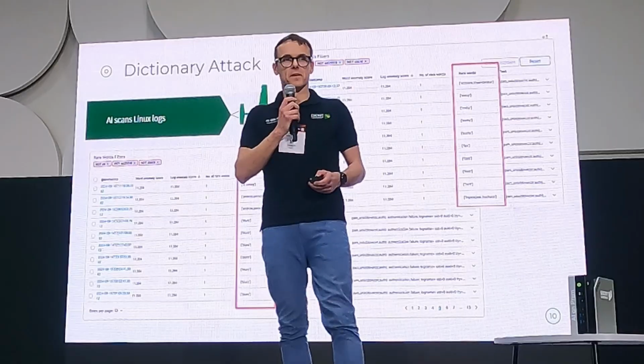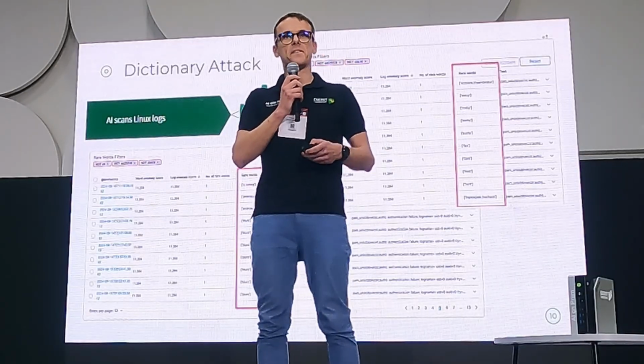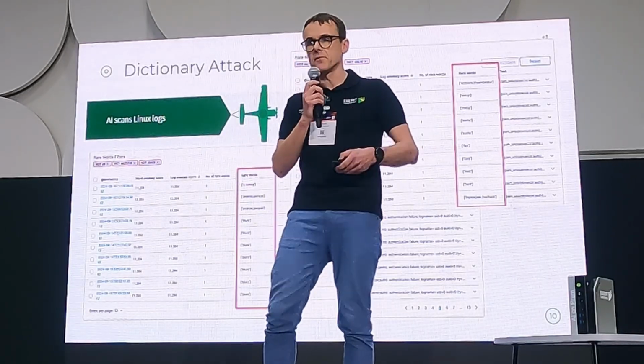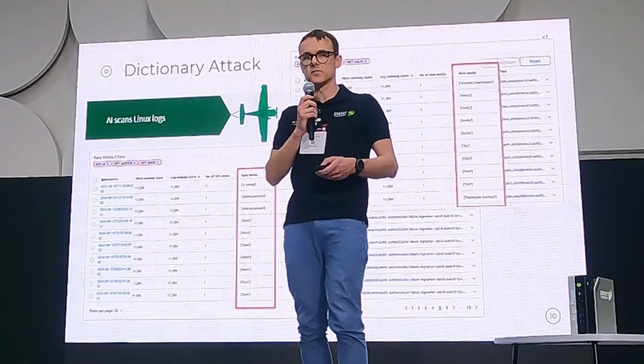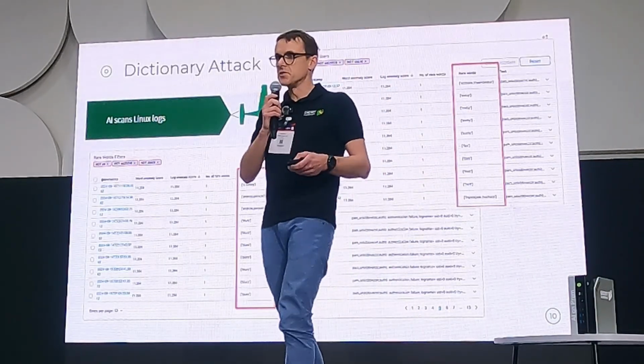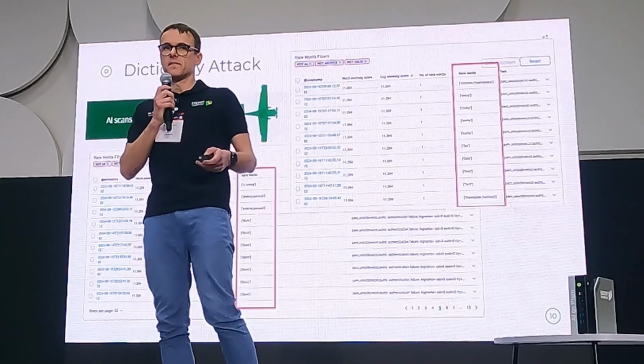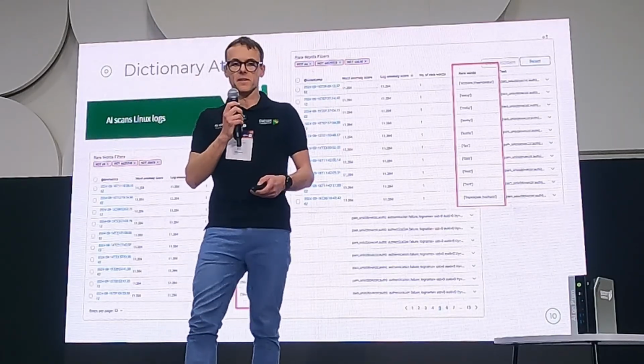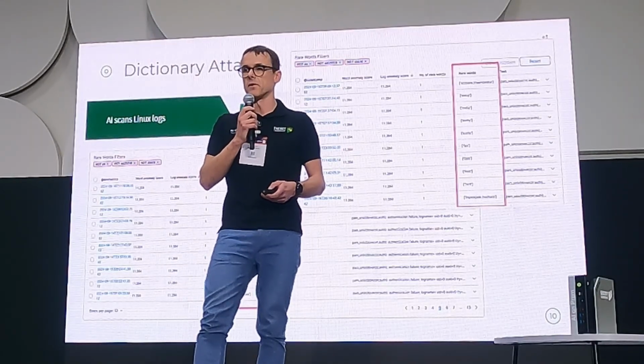Also, a good example for this technique is when an attacker runs a script and generates usernames, like a dictionary attack, trying to guess your username and password. Each time, each username is unique. That's why with that approach, it's very easy to identify that it's a dictionary attack on your environment.